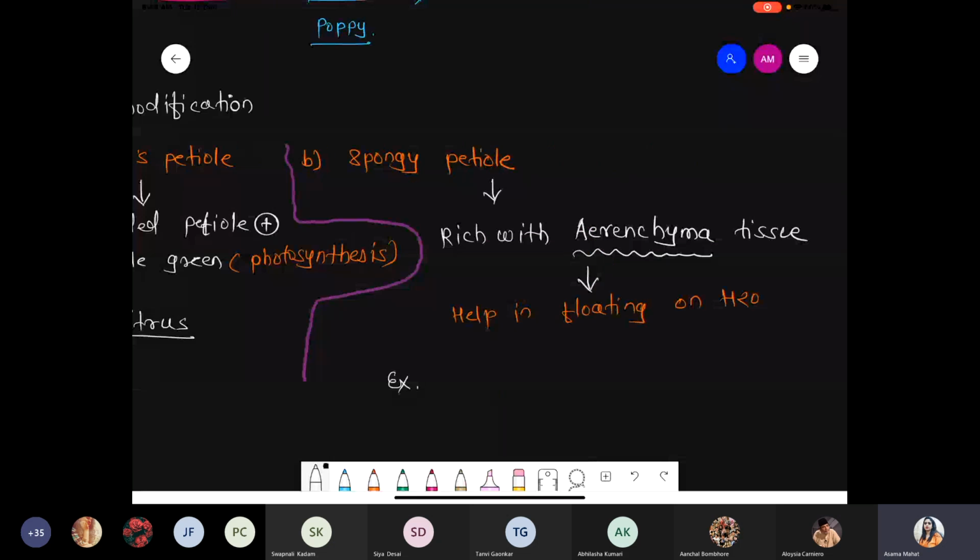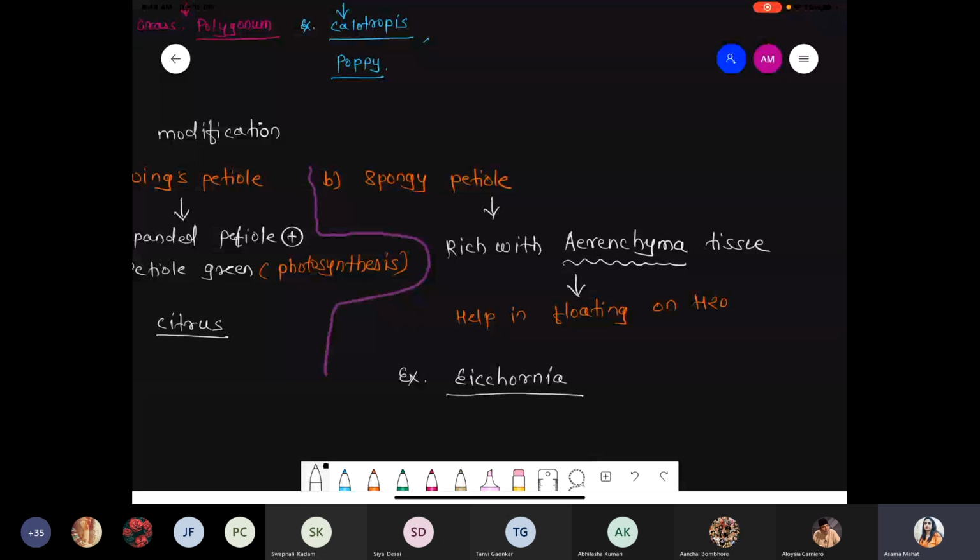Eichhornia is responsible for creating water pollution. They drain the oxygen from the water, and if oxygen gets removed, the aquatic organisms like fish ultimately get killed. We will see Eichhornia in the ecology chapter. They create an algal bloom because they drain the oxygen from the water.